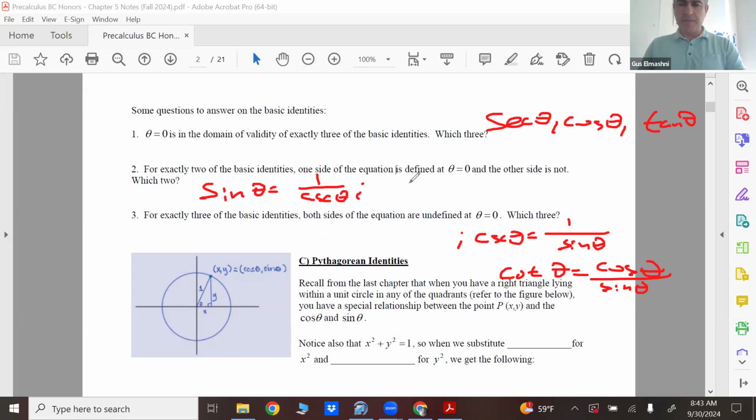Cosine's fine. Secant's fine. Sine's fine. Now I'm totally confused myself. Secant, cosine. Tangent theta was fine.